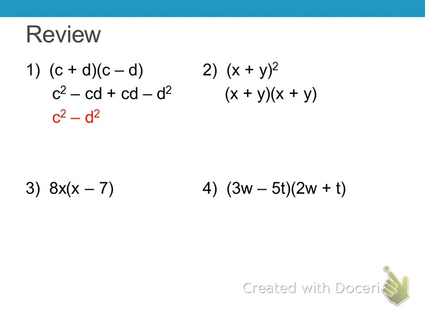So we're going to do x times x, x times y, y times x, y times y. Then what? Yeah, so in the middle, that's 1xy plus 1xy, which is 2xy.